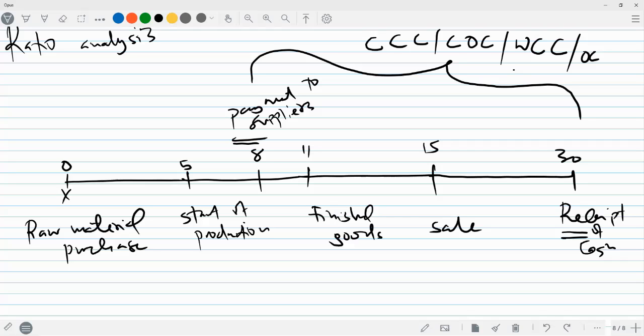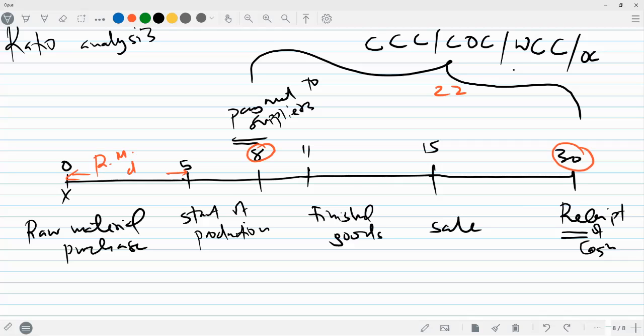Now, in this example, we can say that the cycle is 30 minus 8, to give us 22. Therefore the cash conversion cycle for this company is equal to 22 days. Now, between day 0 and the time we start production, when the materials are in store, we call it the raw material days.